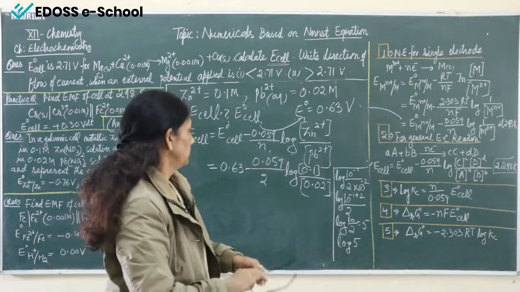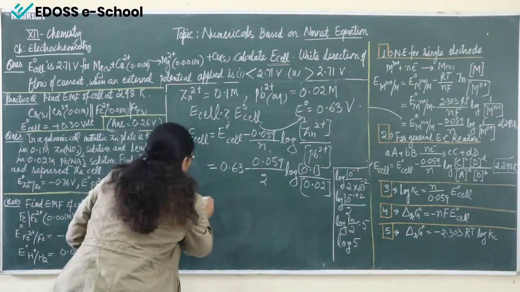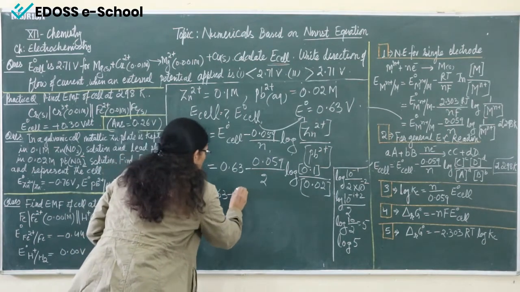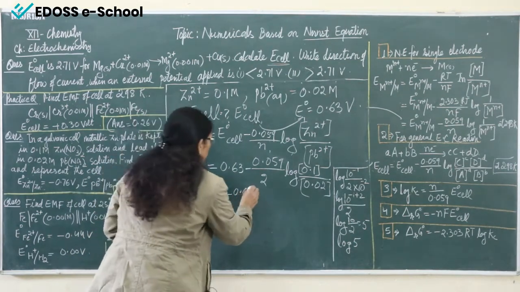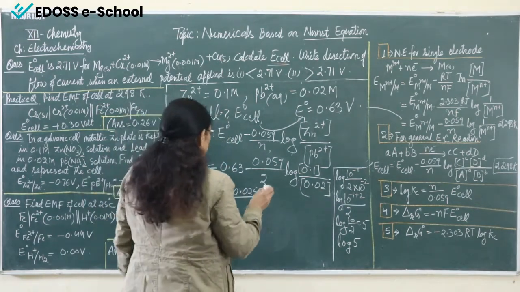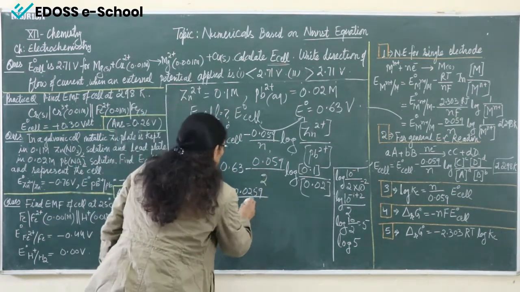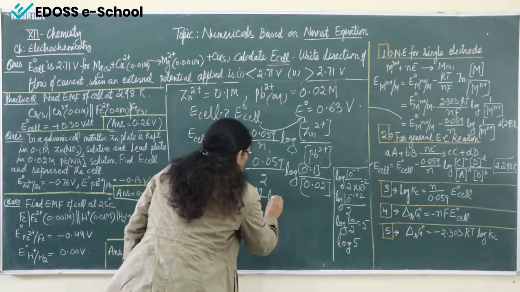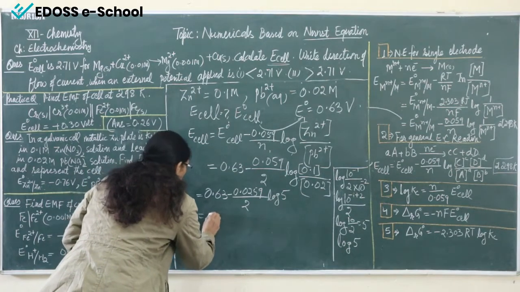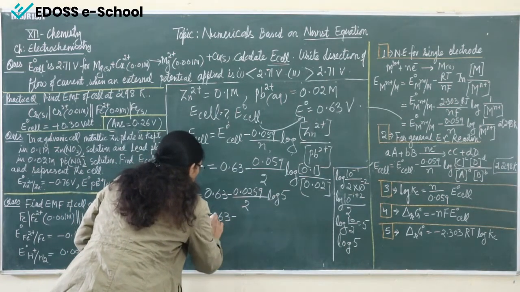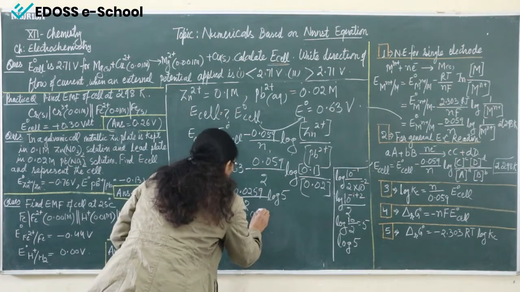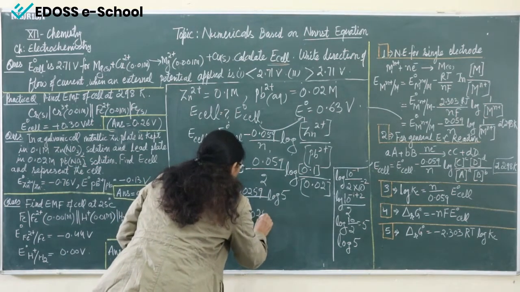Sometimes in the examination the log value is also already given. So here I can tell you, this question will be like this now, 0.63 minus 0.0259 upon 2, and log this is 5. Okay. So this will be equal to 0.63 minus 0.0259 upon 2.